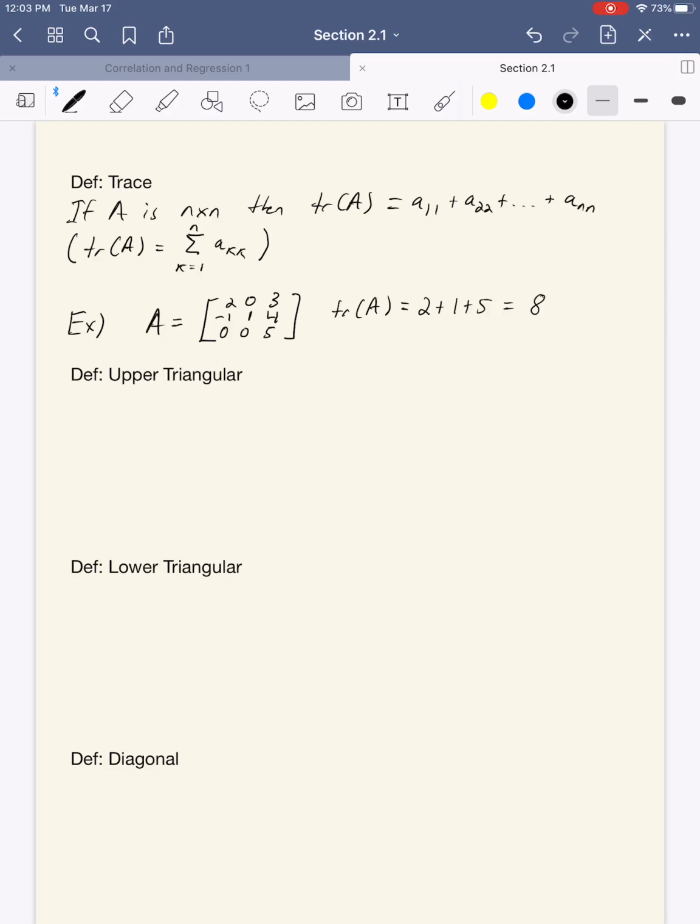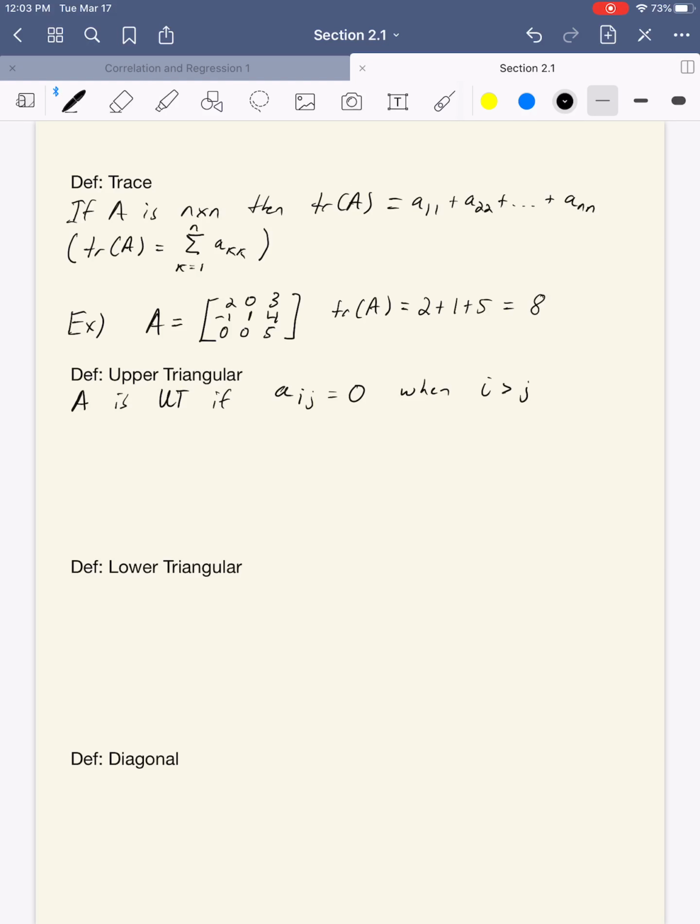All right. The next three definitions, upper triangular, lower triangular, and diagonal, are things that describe a matrix. So they're not going to be a value, but they're going to be a special type of matrix. So A is upper triangular if A sub ij is equal to 0 when i is greater than j.